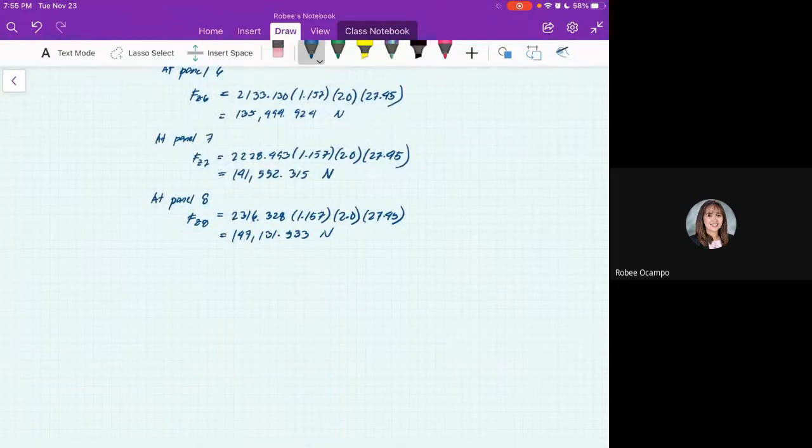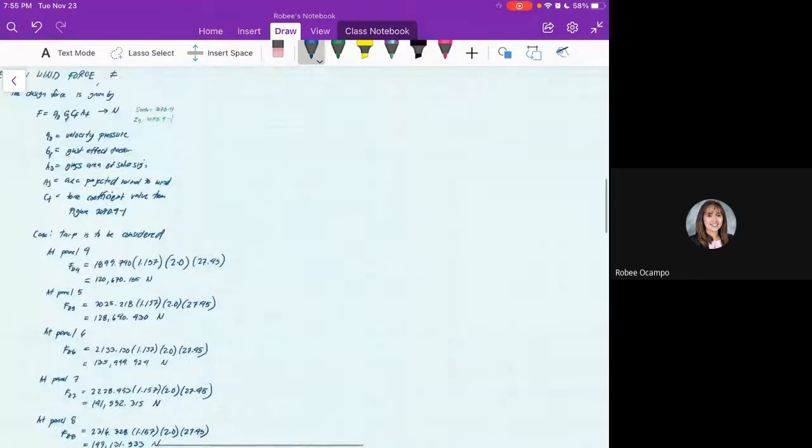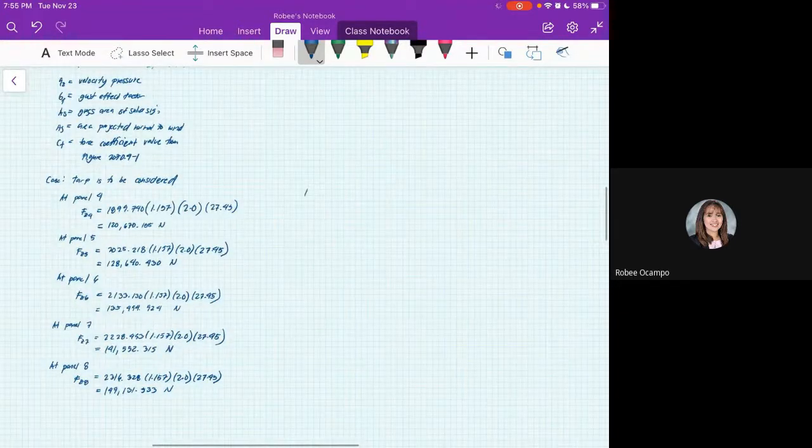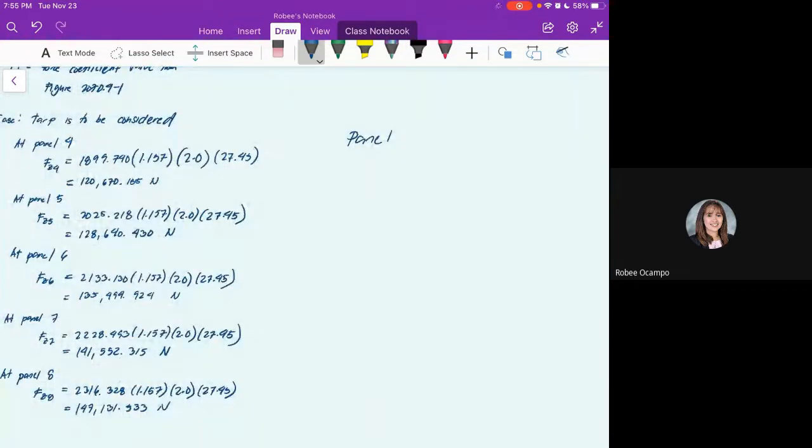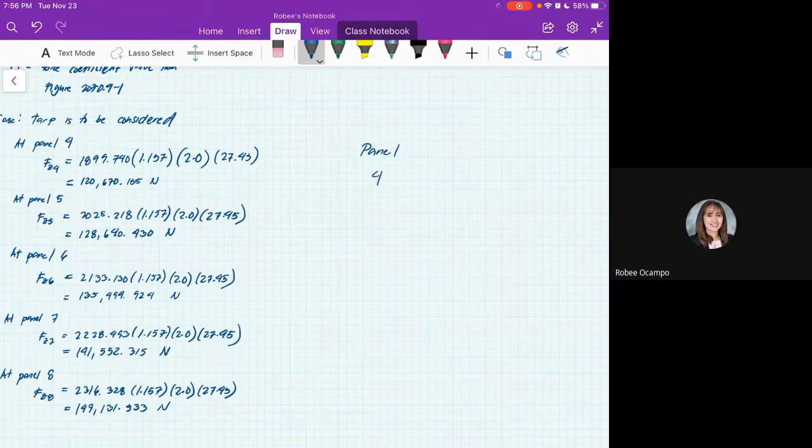So let us summarize our design wind forces. For panel 4, we have 120.67 kilonewton. I converted it to kilonewton right away. For panel 5, we have 128.640 kilonewton.